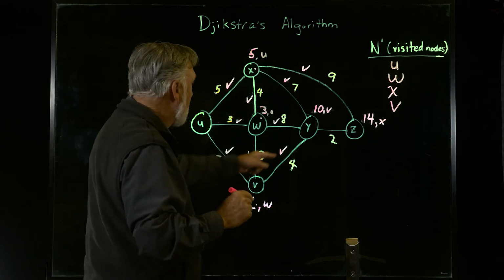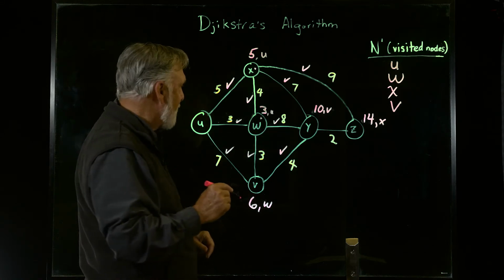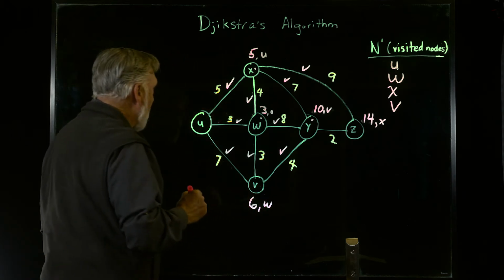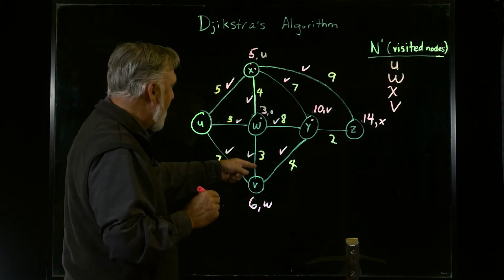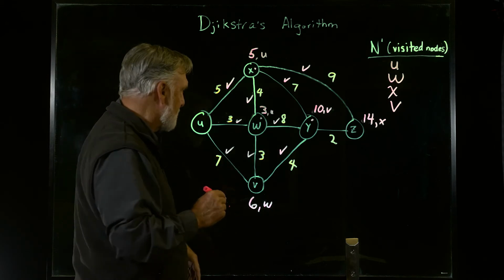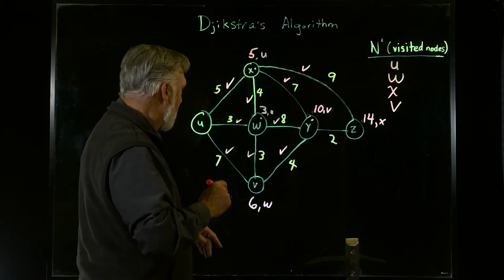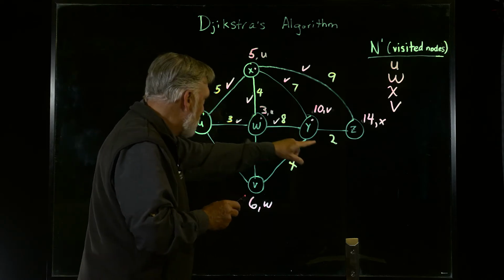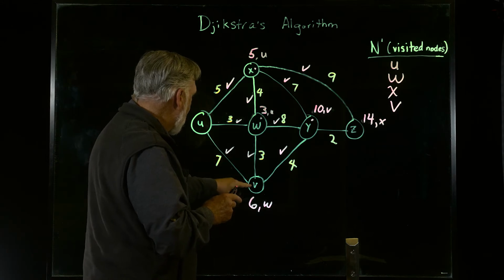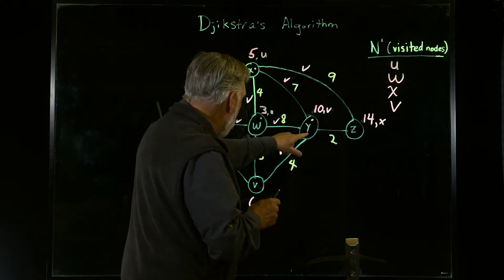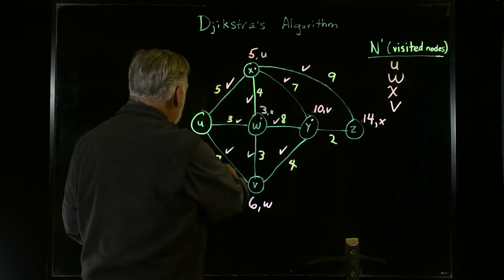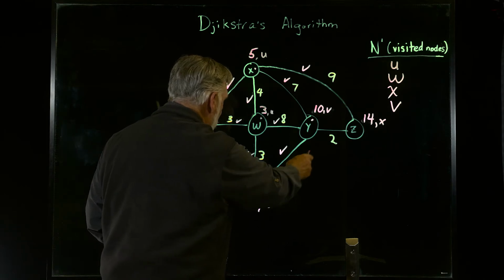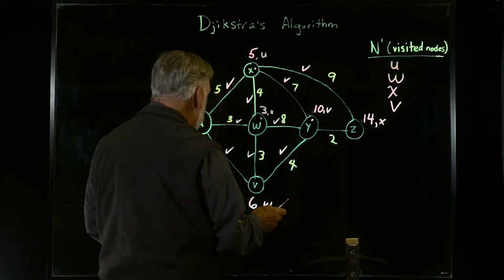So let's go now to a new current node, one we haven't visited yet, which is Y. And let's see what we have where we haven't gone before, and that's Y to Z. So from U to Z through V, Y, and then Z would be a total of 7 plus 4 plus 2, or 13.